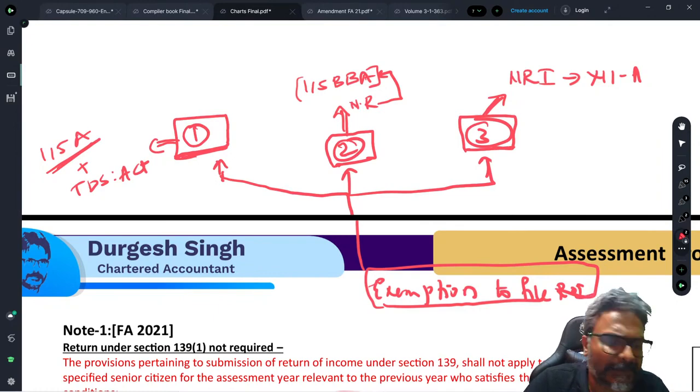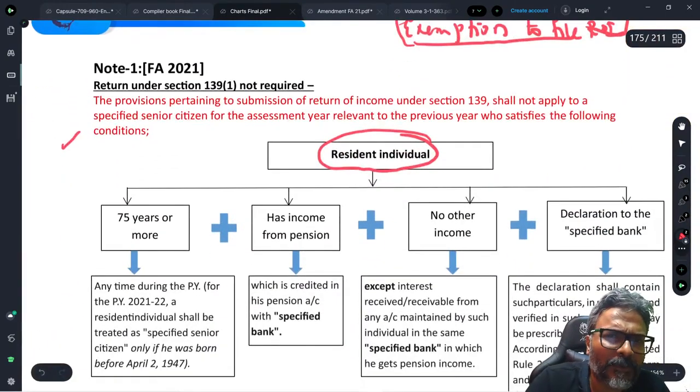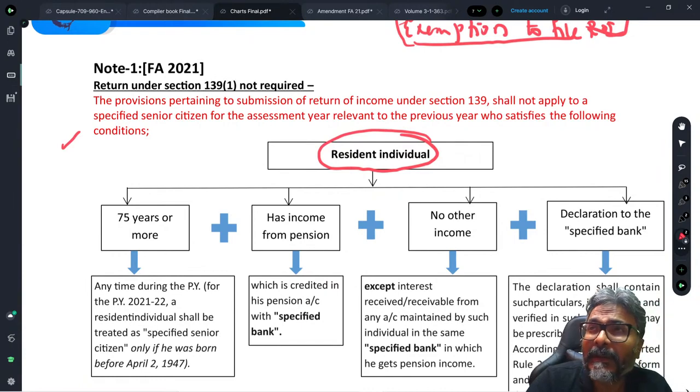Now in the similar lines, students, we have the exemption which is now available to a resident individual. Now students, we have got a new concept of a senior citizen in this particular exemption, and that is a senior citizen who has the age of 75 years or above.